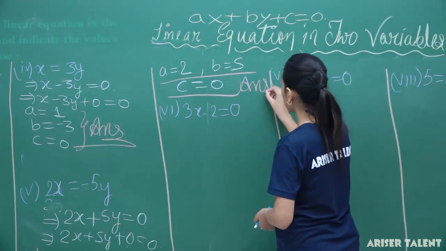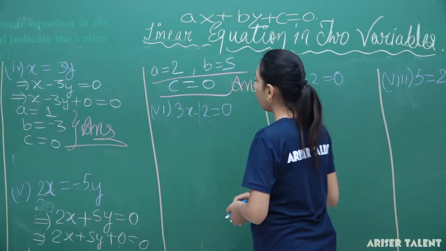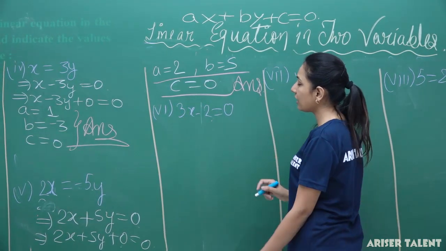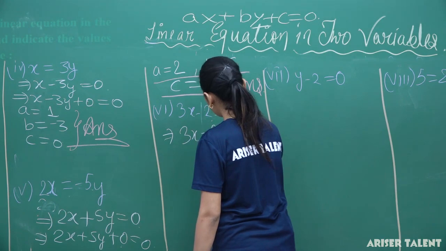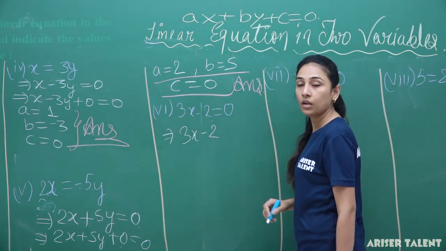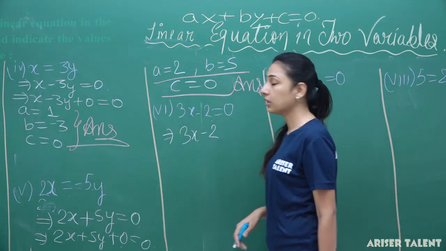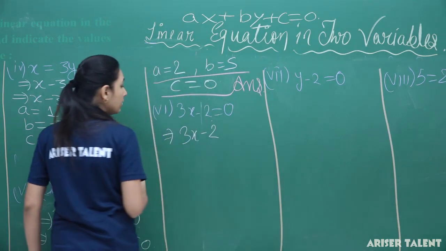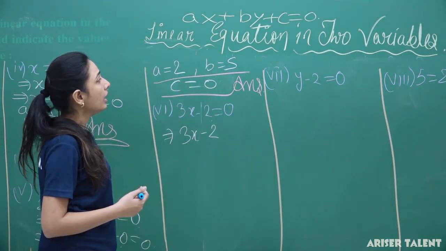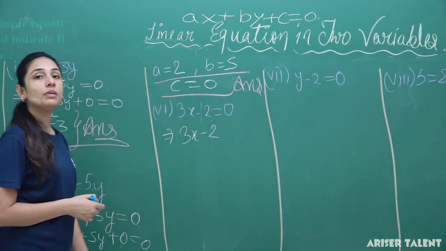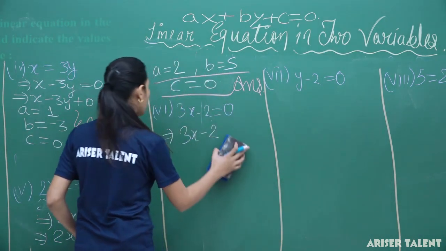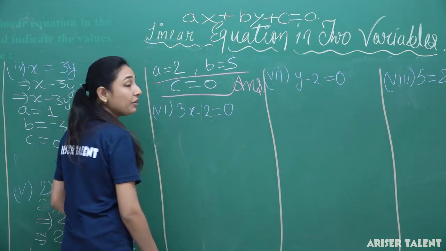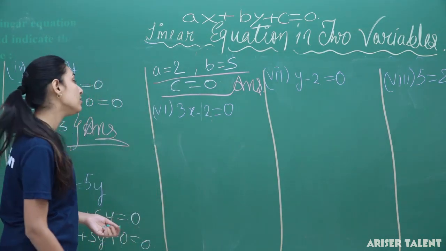That will be your answer. Now come here to the next question, 3x minus 2 equals to 0. That can be written as 3x minus 2. Now the term of y is what? We are not having any term of y, but we have to write in the format ax plus by plus c equals to 0. That means this is a linear equation, but not in two variables, only one variable, but we have to write it in the format.